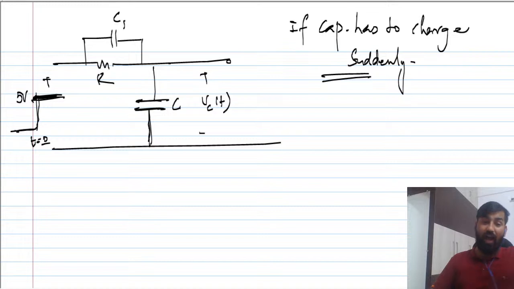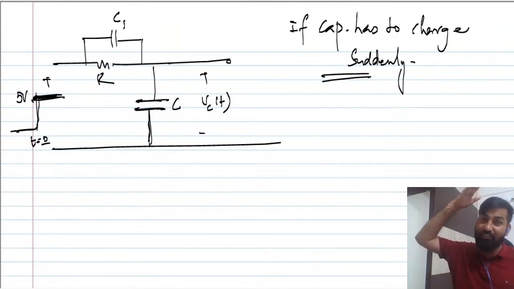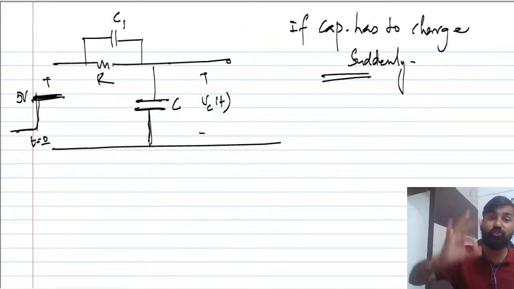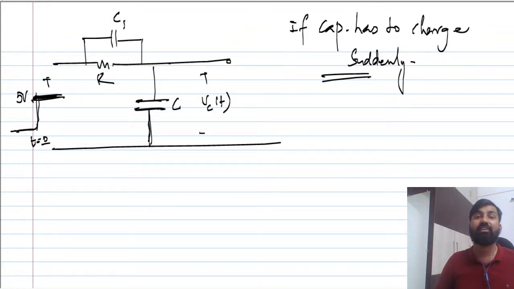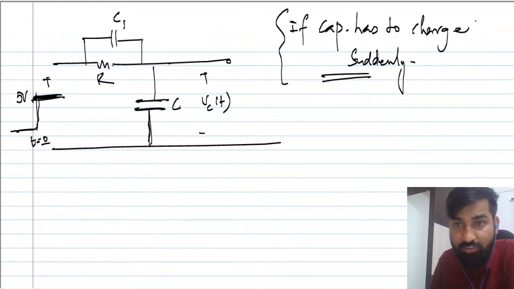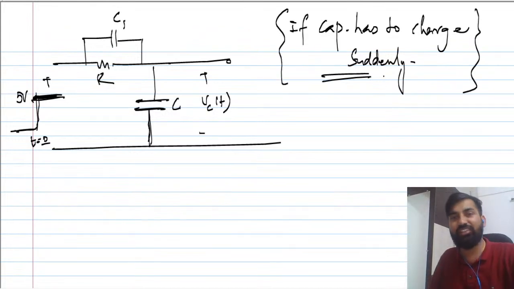If voltage source and capacitors are connected in loop, keep in mind this, this resistance is not playing any role. Capacitor has to change its voltage suddenly, guys. This is very important concept I'm telling you, right?